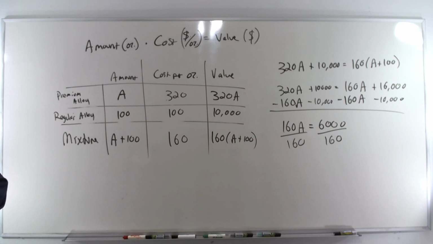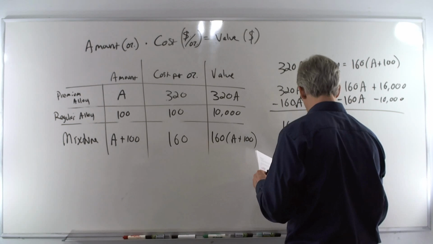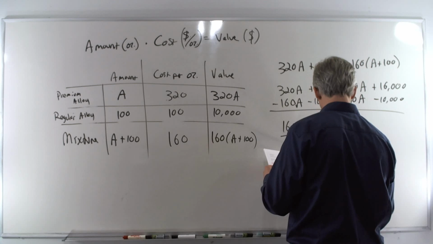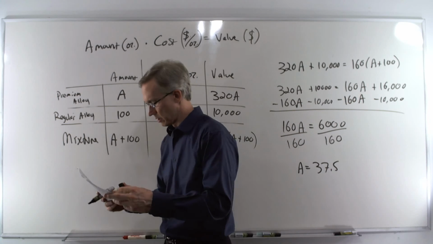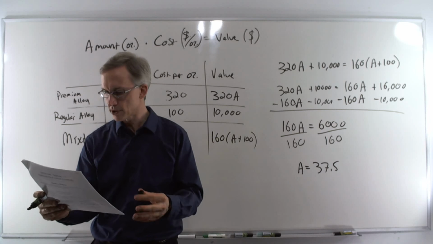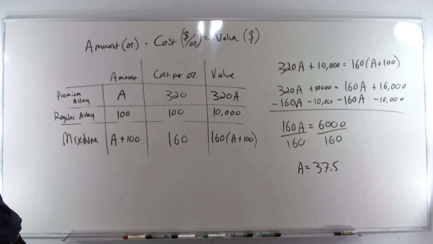So we get 160A equals 6,000. Divide both sides by 160, and we get A equals 37.5. So that means we require 37.5 ounces of the premium alloy.